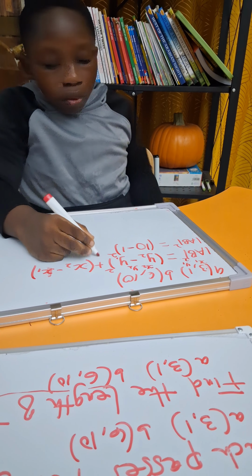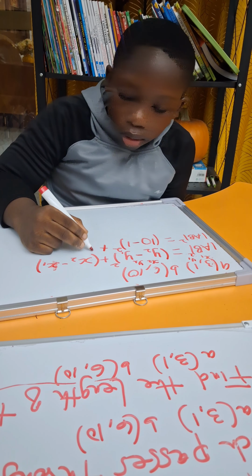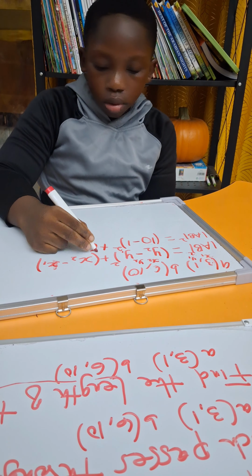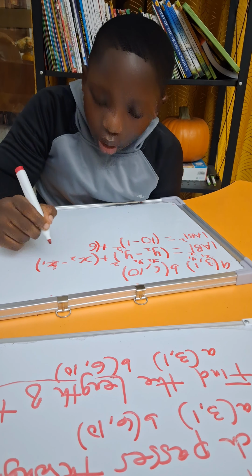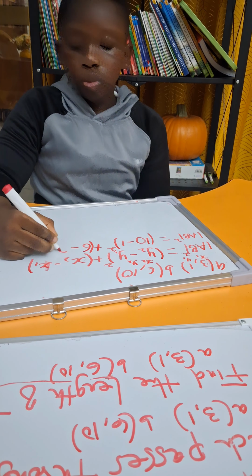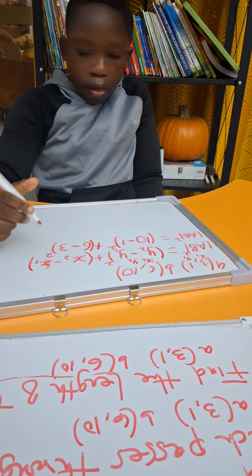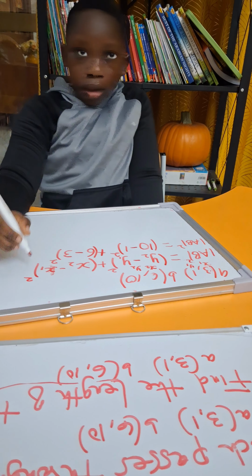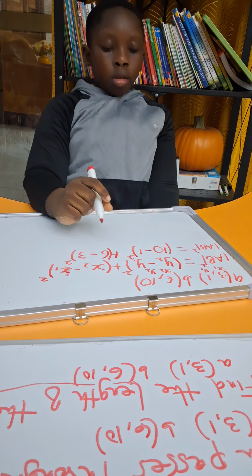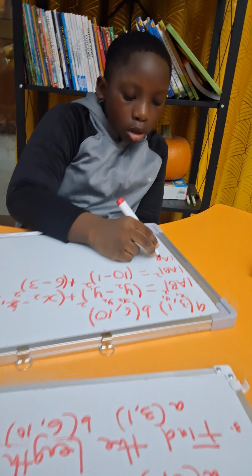Now x2, this is here, is 6. And x1 is 3. We bring in the 3. And square.